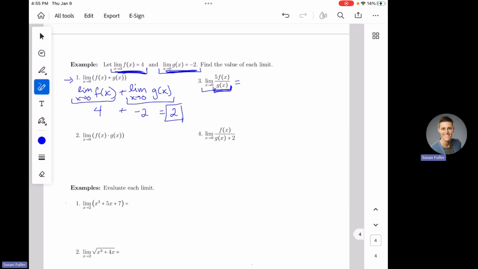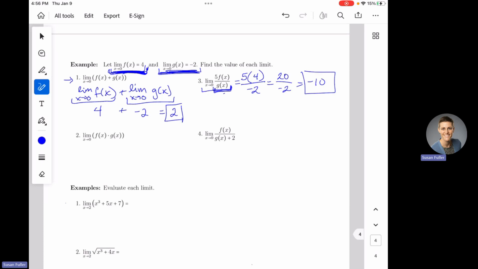We're going to take 5 times the limit of f. We know that the limit of f as x goes to 0 is 4. And we're going to divide by the limit of g, and we know that the limit as x goes to 0 of g is -2. You're just going to plug your limits in. And we're going to get 20 divided by -2, which is -10.